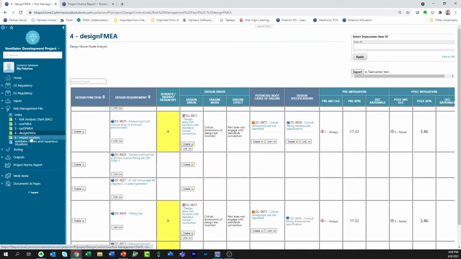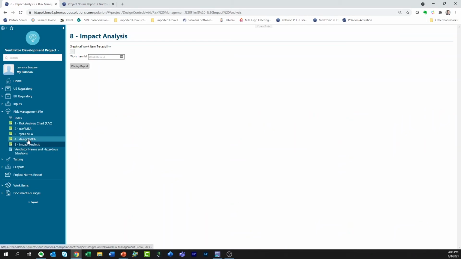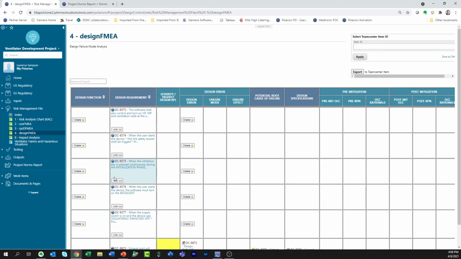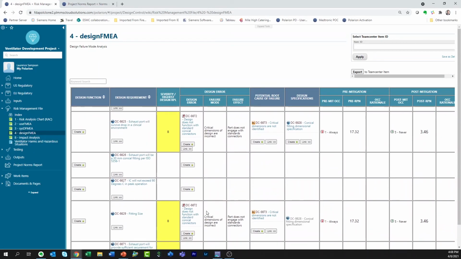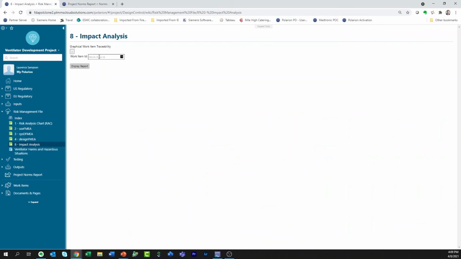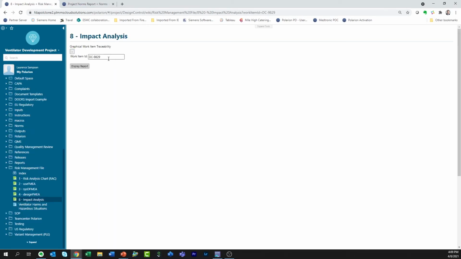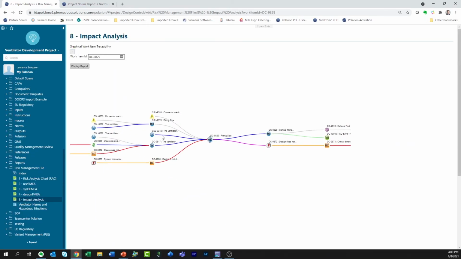So just a quick thing here, we have this example of impact analysis, and I'm just going to give you an example here. If we say this DC 9829, and we wanted to see what the traceability of that is, and we display the report, what this is going to give us is another view of the traceability where we're saying the fitting size is this specification.